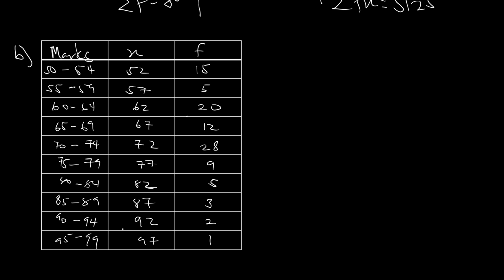Our x is the midpoint of our lower limit and our upper limit. So 50 plus 54 divided by 2 is 52. 55 plus 59 divided by 2 is 57. 60 plus 64 divided by 2 is 62. So we do the same for all the cells.